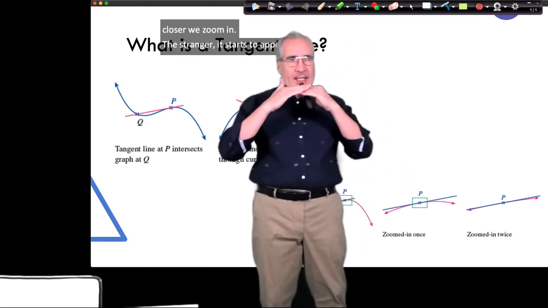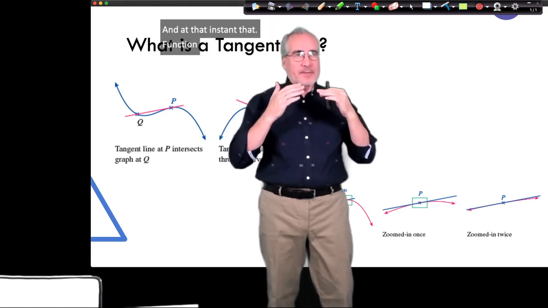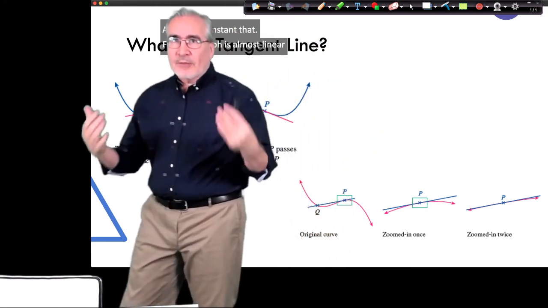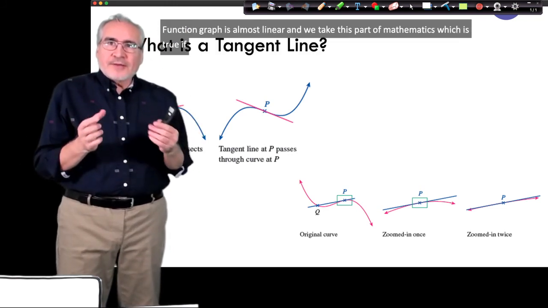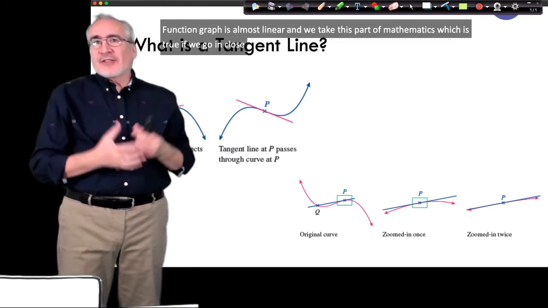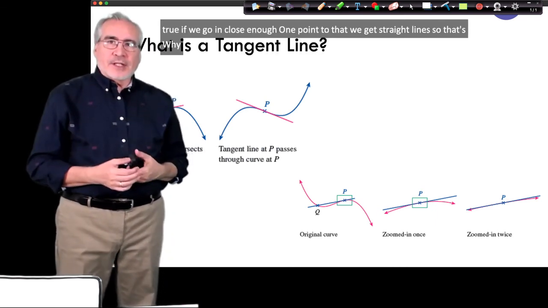And at that instant, that function graph is almost linear. And we take this part of mathematics, which is true: if we go in close enough, to one point, we get straight lines. Okay, so that's why the line is so important in our mathematics.